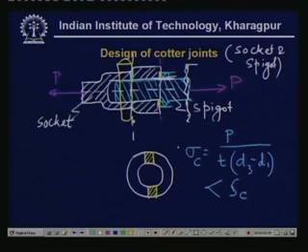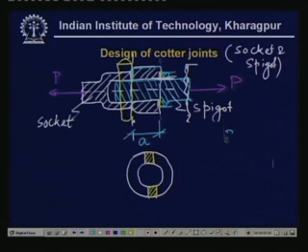The other kind of failure is again shearing of the socket collar, this part, known as the socket collar. If the distance is taken to be a, let us find the shear stress.